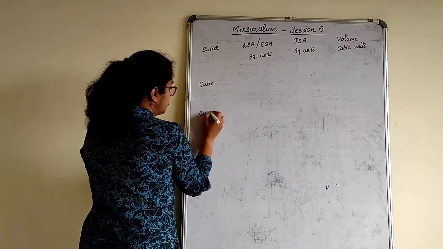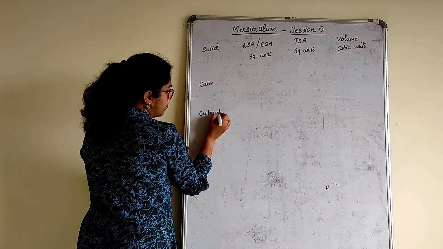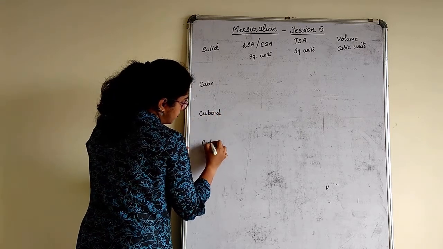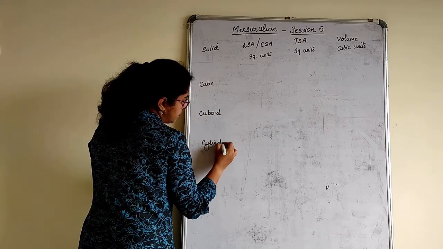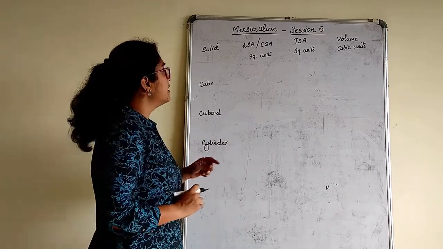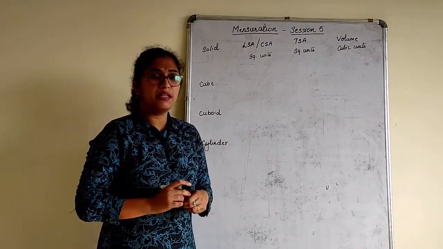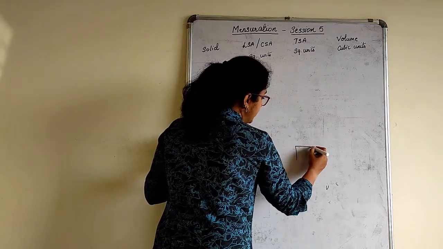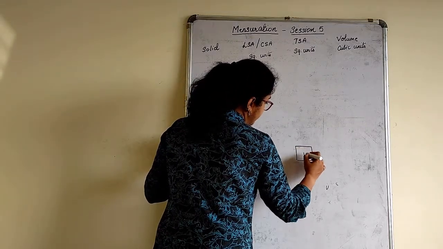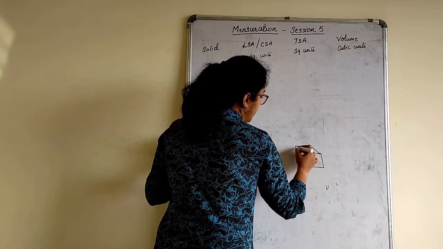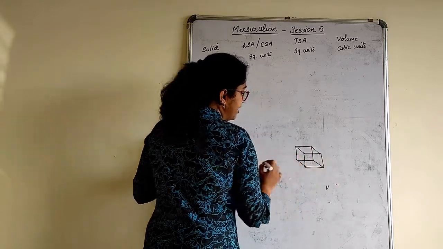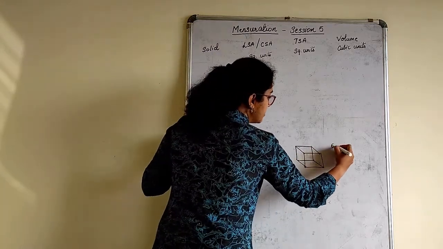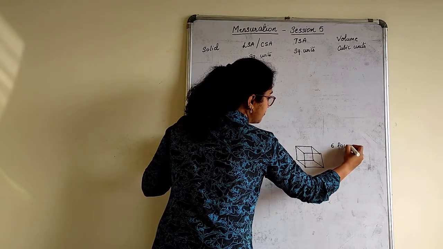Cube, cuboid, cylinder. Now see, cube is very simple. For a cuboid and a cylinder, we don't go into the exact derivation. But when I talk about a cube, how many faces does a cube have? A cube has 6 faces, correct?